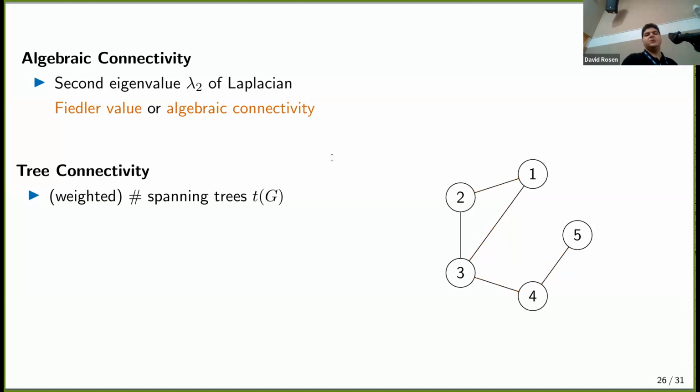So if you look at the original graph here, and if you look at the orange subgraph, that's going to be a spanning tree because it goes through all the vertices, and it's connected, but it doesn't have a cycle. This would be another spanning tree for the graph. And it turns out that you can count the number of spanning trees, again, by looking only at the spectrum of the Laplacian. So if I multiply all the non-zero eigenvalues of the Laplacian and divide the result by n, that gives me the number of spanning trees, or if the graph is weighted, a weighted generalization of them.